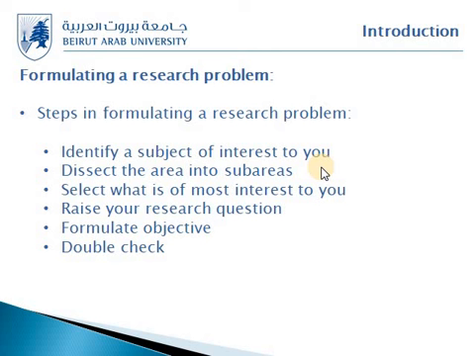It will help you a lot. You can develop these sub-areas as you read the literature review, and then you can proceed to the next stage where you select what will become the basis of your search.